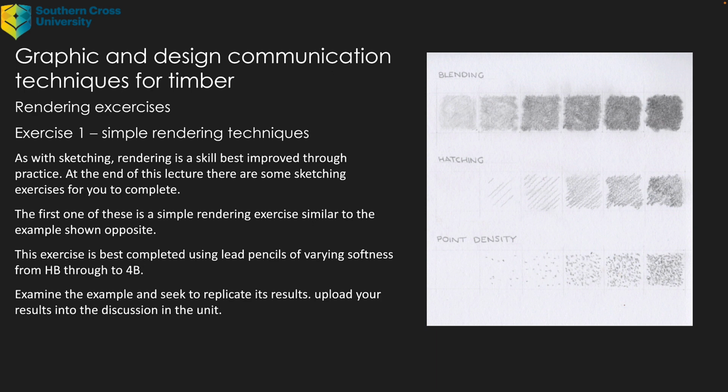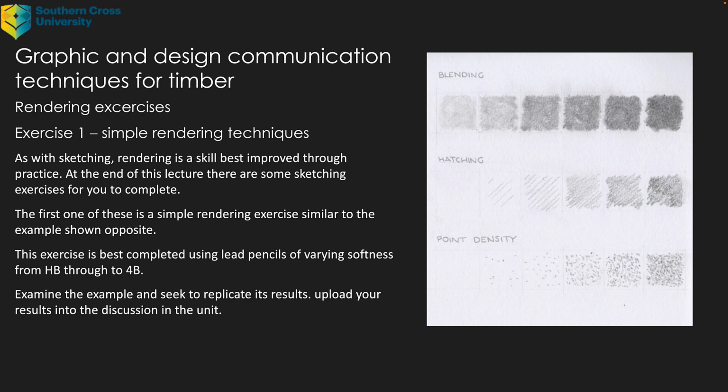So just to discuss that a little bit, so basically what I've done there is in the first one, I've just almost very, very lightly shaded on the paper, and I've blended it pretty much just by rubbing it a little bit with my finger. Now in the second example, you can see I've used that hatching technique where basically I've used lines of the same heaviness on the paper, but of differing densities.